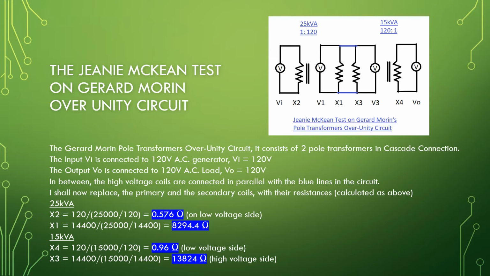X3 equal to 14,400 divided by 15,000 divided by 14,400 equal to 13,824 ohm on the high voltage side.